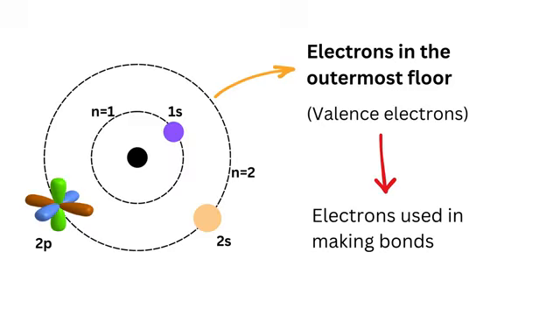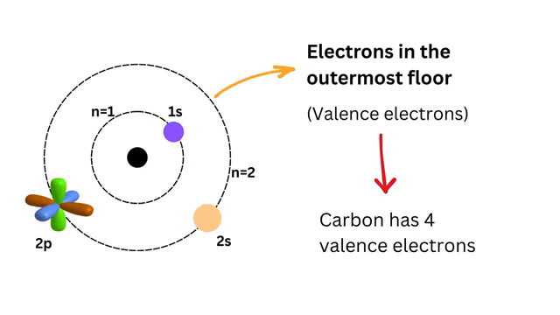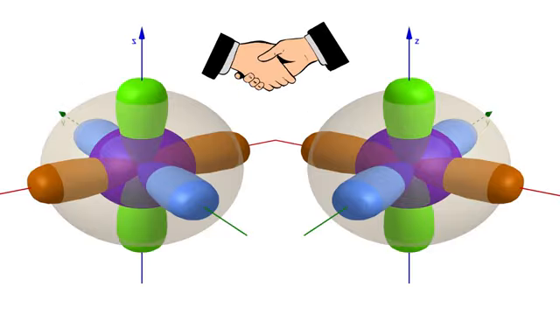The number of these outer electrons determines the atom's valency, or how many bonds it can form. For example, carbon has 4 valence electrons, so it can make 4 bonds. Keep that in mind.